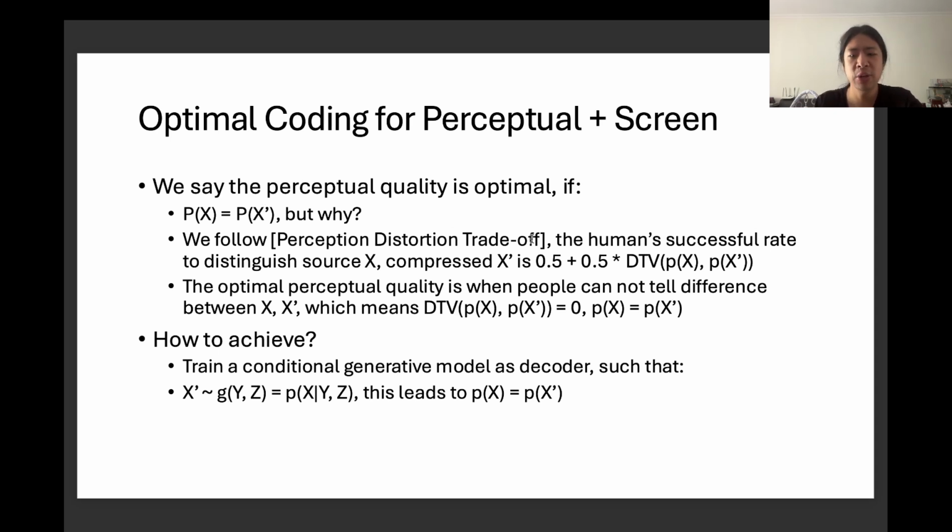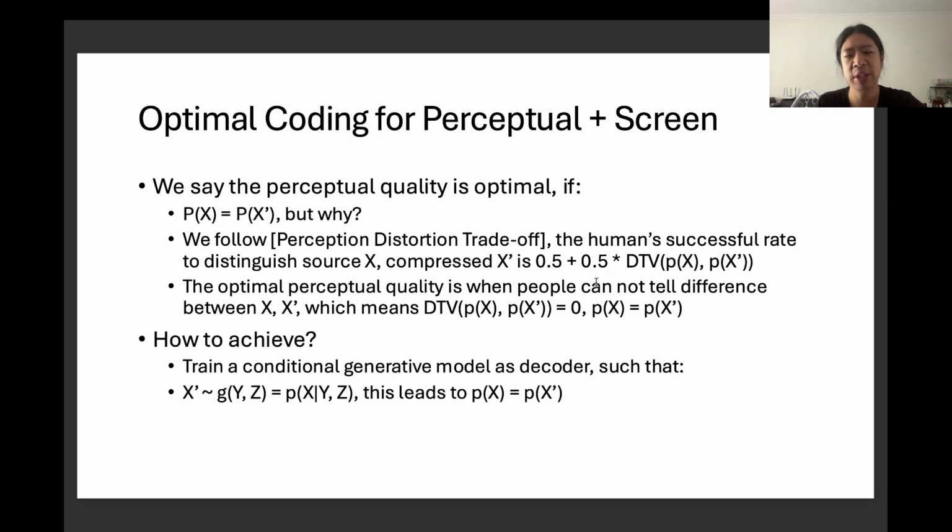Well, if you give a human two images, one the source image and another the compressed image, and you ask the human to tell the difference between the two images, they have a success rate to guess which is which. That success rate is actually 0.5 plus 0.5 multiplied by the total variation divergence between the marginal distribution of x and the marginal distribution of x hat.